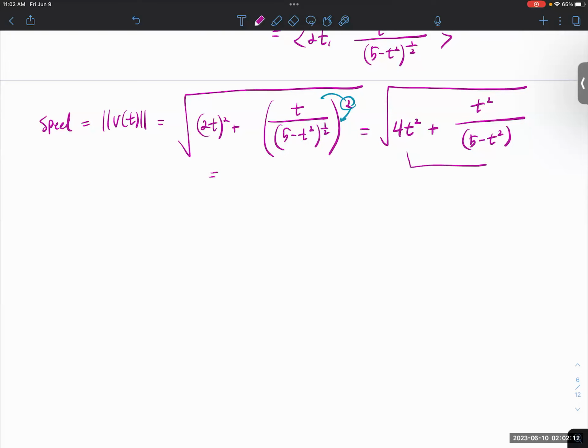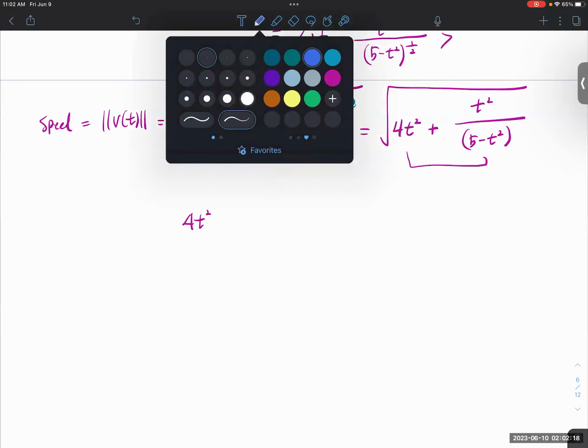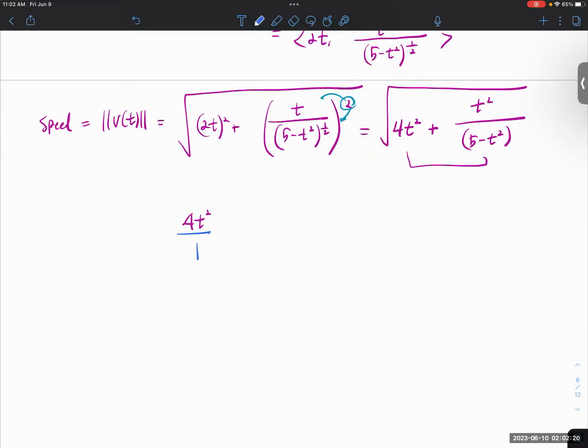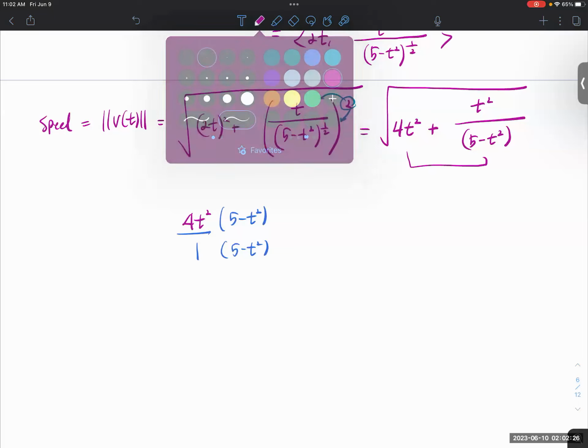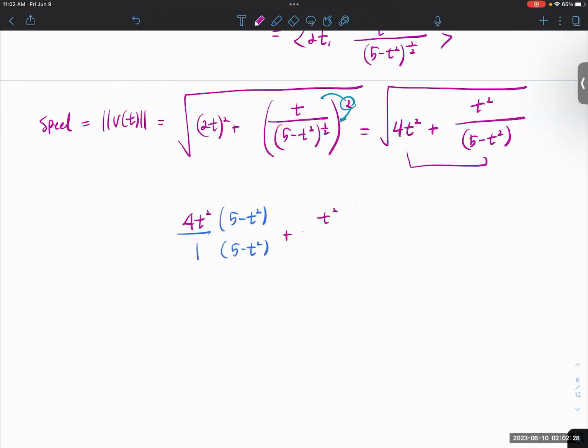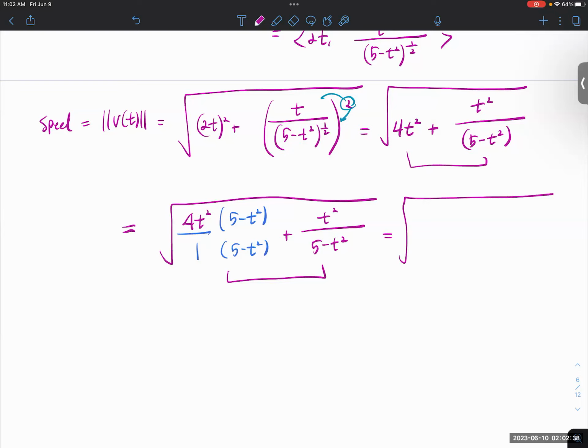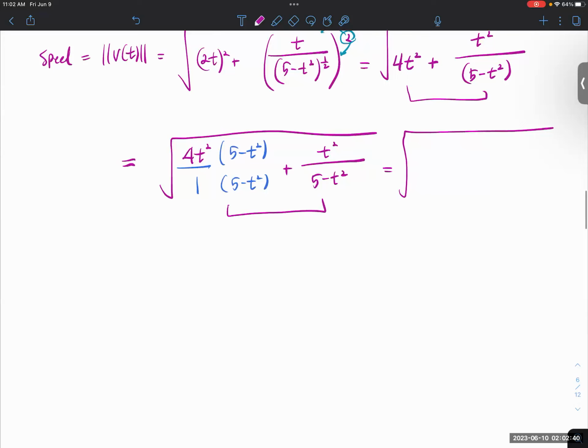So I want to try to combine them by finding the common denominator. So we have a 4t squared. There's an invisible 1. So you're going to multiply 5 minus t squared, 5 minus t squared, top and bottom, t squared over 5 minus t squared, so that you can have the common denominator. So I'm going to use the distributive property.